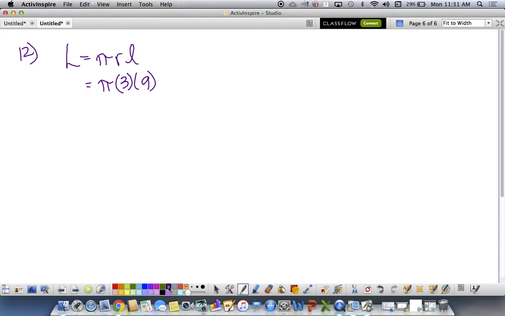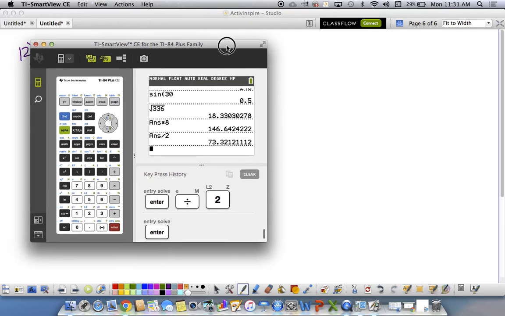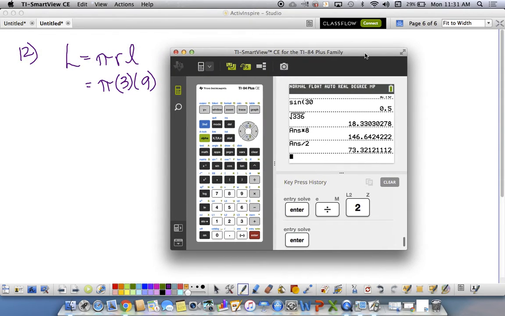So 27 pi, and please use the pi button. Your answers will be different than mine, and I'm likely to count points off. Okay? So I'm going to hit 9 times 3, which I'm pretty sure is 27, but I'm going to do it just in case, times pi button.